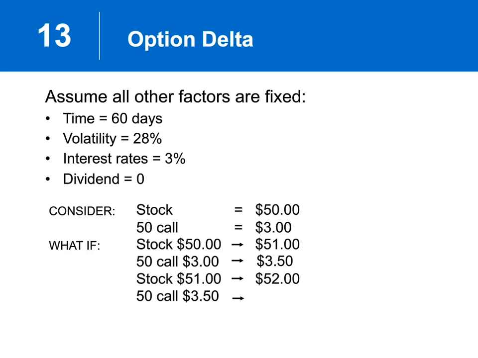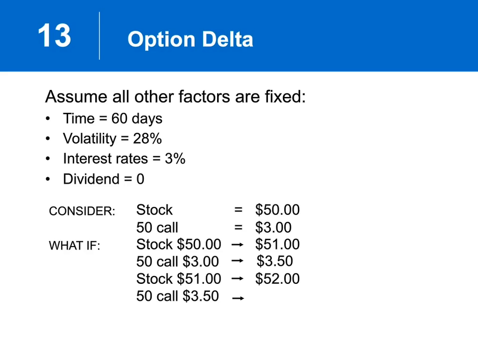If the stock went from 51 to 52, you can figure that, okay, that call is now in the money by $1. The 50 call with the stock at 51 would be in the money by $1, so it would have $1 of intrinsic value. And if the stock went from 51 to 52, it's in the money a little bit, so maybe there's an extra 5 or 10 deltas on that 50 call.